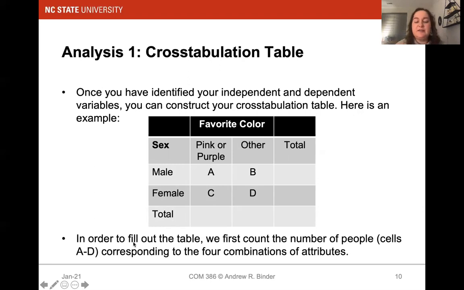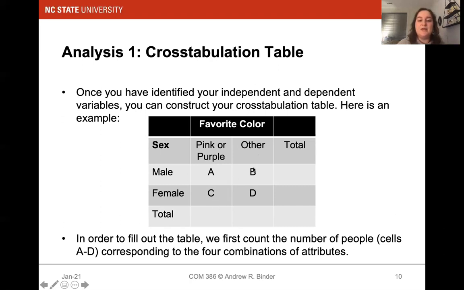So in order to fill out the table, you count the number of people. So that's cells A through D, and that will correspond to the combinations of the attributes. So the amount that we would have in A corresponds to the number of male identifying participants that picked pink or purple as their favorite color. C is just female identifying participants that picked pink or purple.